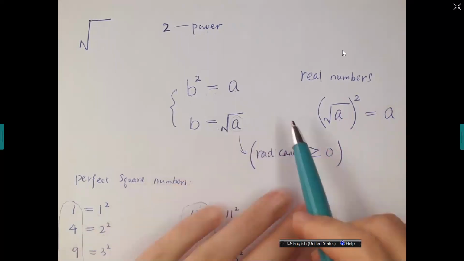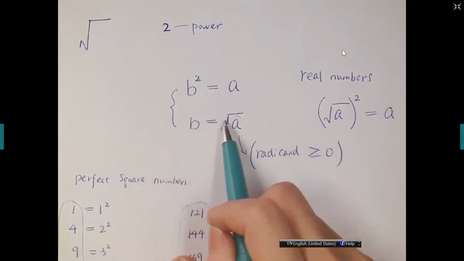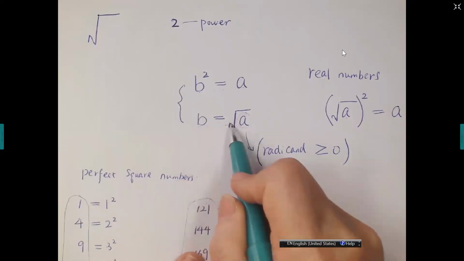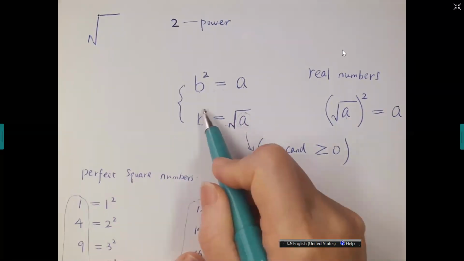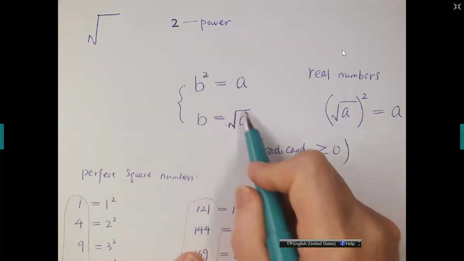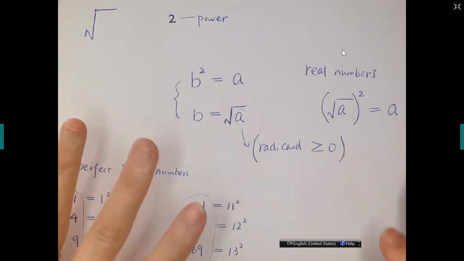Okay, it's the same thing right here. So b equals radical a. We can take the square on both sides. B squared equals a. So remember another thing.